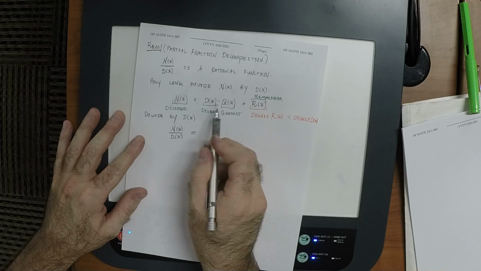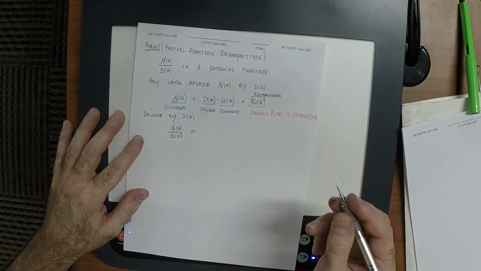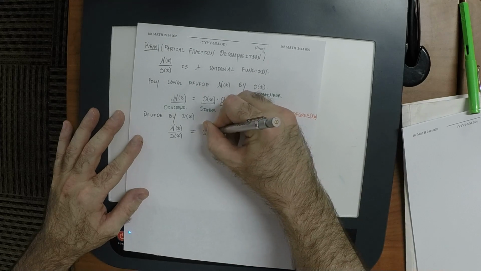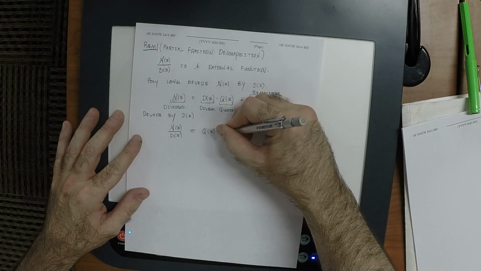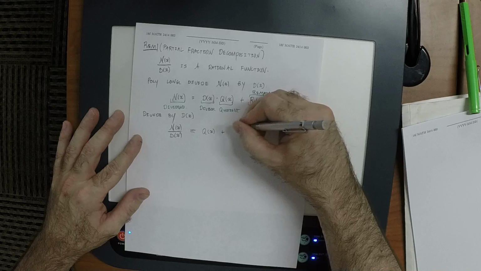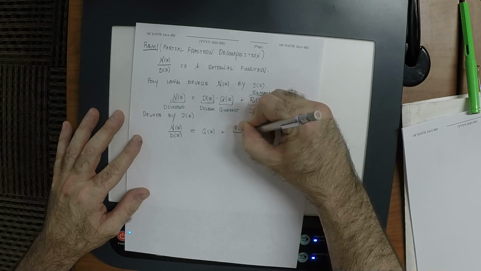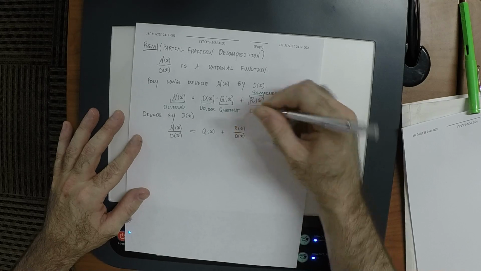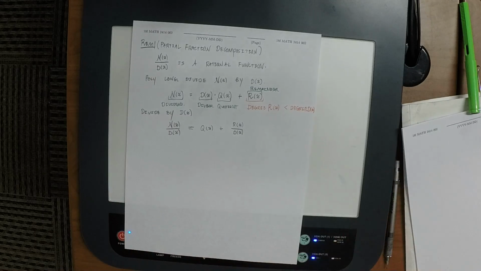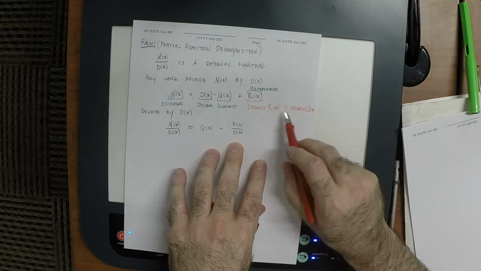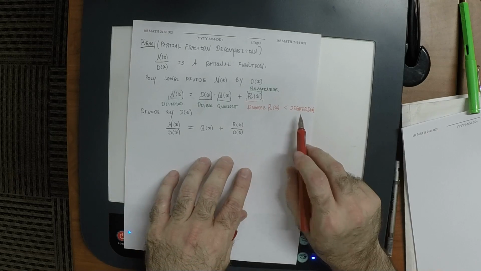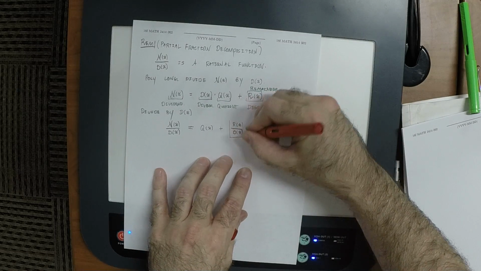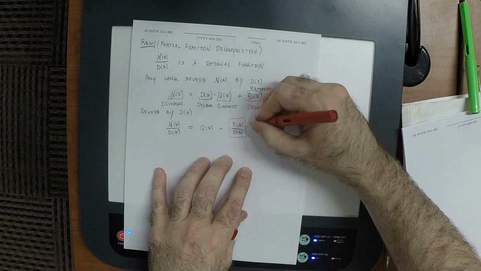If we divide this term by D, what's left? Q of x. So that's just some polynomial, okay? And then R of x over D of x. Because of this red condition here, that the degree of the remainder is less than the degree of the divisor, that means that this is now a proper rational function.